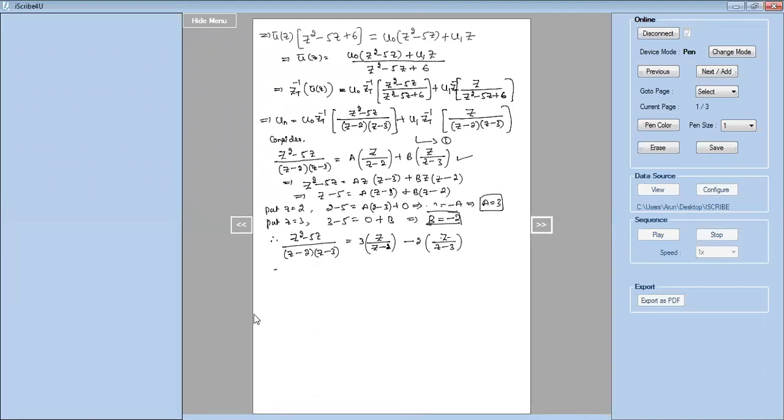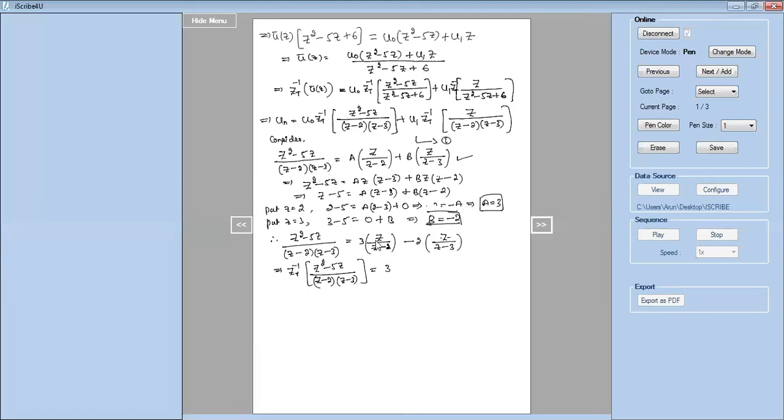So it is the Z-transform inverse of (z² − 5z) / ((z − 2)(z − 3)) equals, for the right answer I'll directly write the answer so that I can at least avoid one step. So it is 3 into the inverse of z by (z − 2).